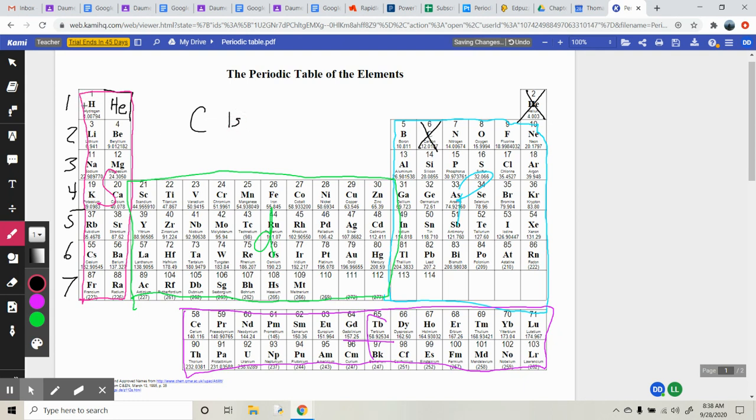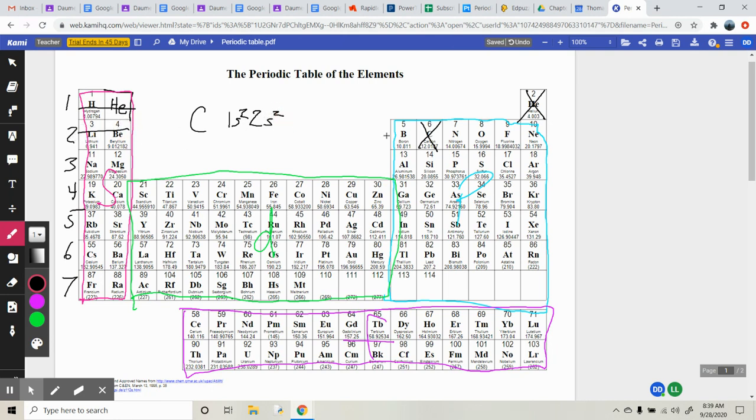And to get through these two, I got to go 1, 2. So I got to say 1s2. So now I've gone through the first row, and now I'm in the second row. Well, now that I'm in a new energy level, I got to start a new electron configuration, which is now I'm in the second energy level. I am in the s orbital still. And remember, I'm trying to get to this carbon over here. So I got to say 2s2.